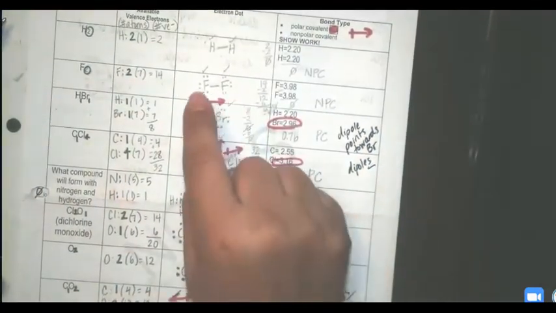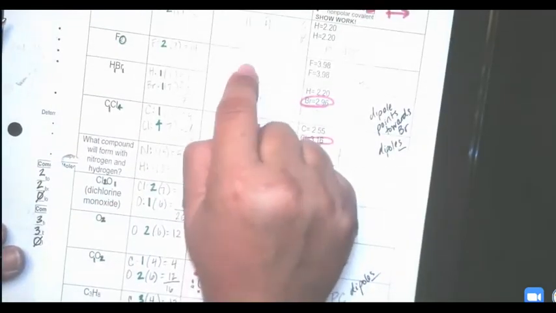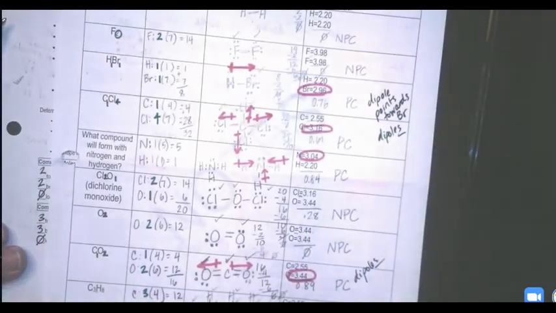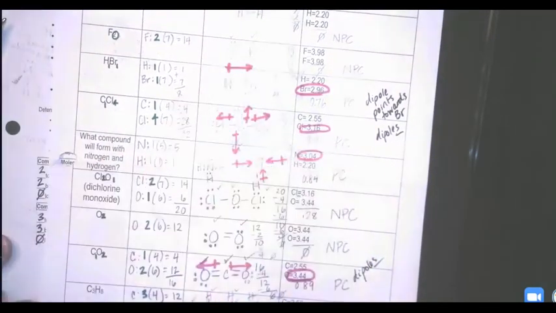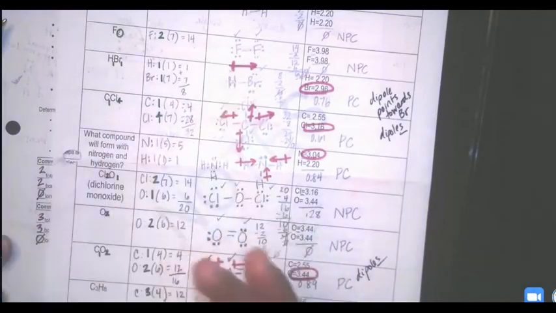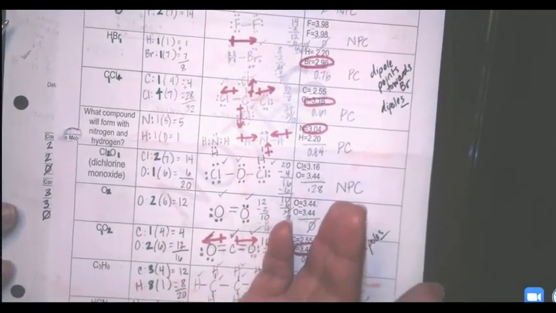This one here, 2 things attached, no lone pairs on the central atom. Yes, they have lone pairs, but we don't care about those. We care about what does it look like when 2 things are attached. This one's also going to be linear. HBr, 2 things attached, that has to be linear also.